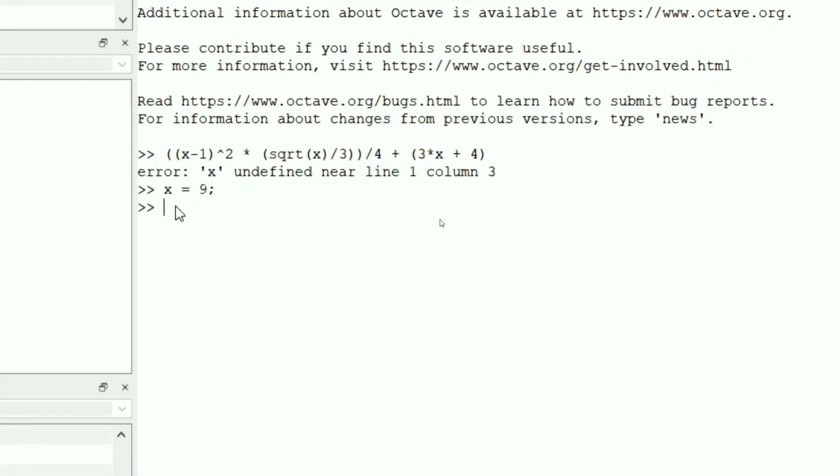So now we'll enter the expression, but we won't be writing it over and over again, we'll just press the up direction key once. So it will give the previous command and it is x equal to 9, but we don't want it, so we'll press it yet again and it will give the expression that we have typed before. And now let's hit enter. You see that the answer is 47, and it's the same as what we got in the hand calculation.